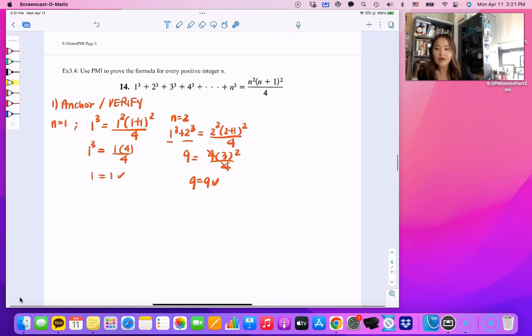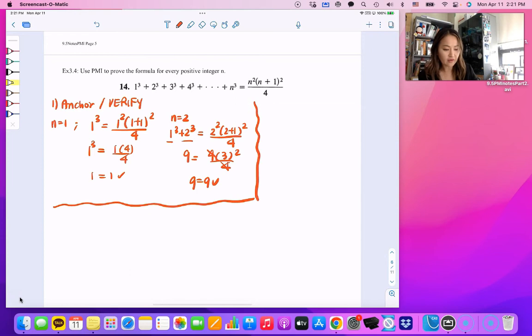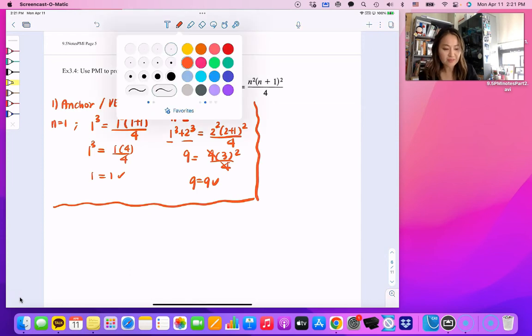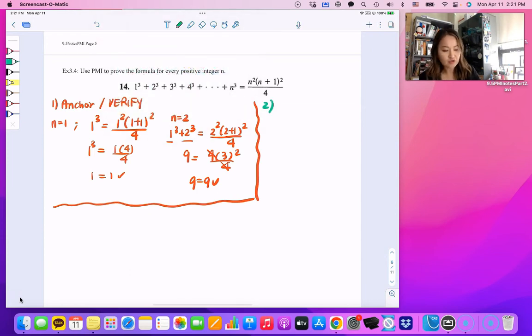All right, so now let's do the inductive hypothesis. So I like doing the inductive hypothesis on the same line here, okay? Sorry if my notes are a little bit messy, but hang in with me, okay? Step 2, inductive hypothesis, which means let n equals k. Remember, what's given to you is p sub n, okay?